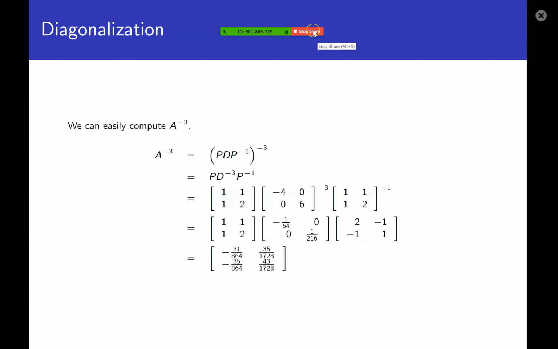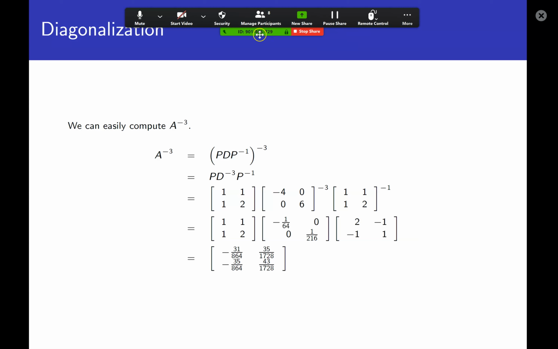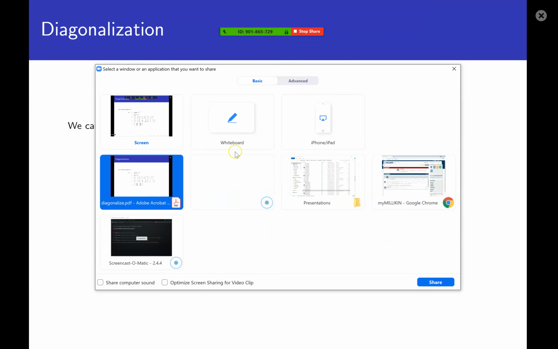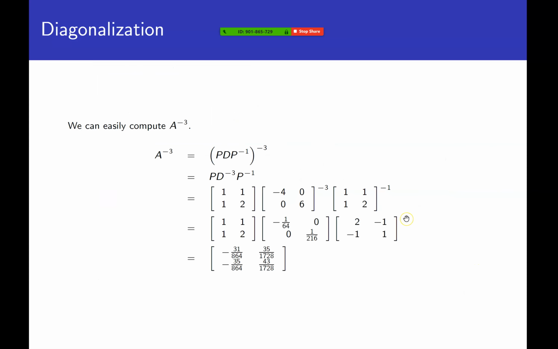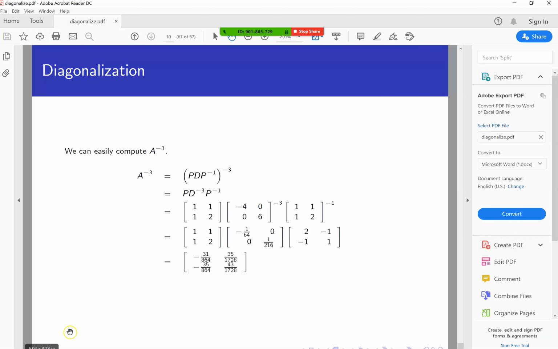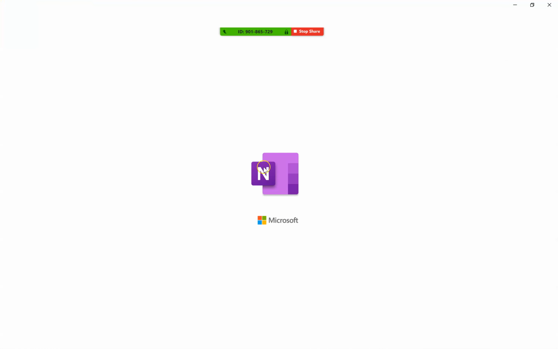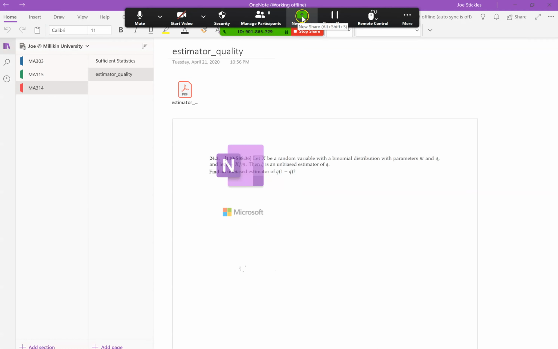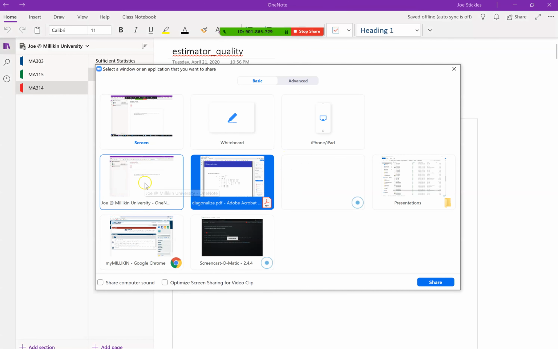So let's see if we can do another example here. Let's see if I can get to... I need to do something else. Let's see here. Sorry, I gotta get back. I need to get to another screen here. Maybe. There we go. Now I can get to it.